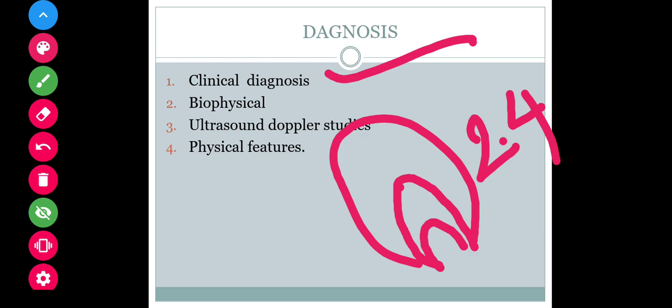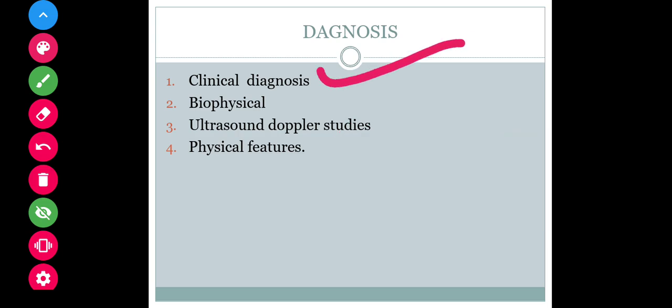And maternal weight gain. Depending upon the maternal weight gain also, in clinical diagnosis, we can diagnose this IUGR. If the mother remains the same, if she is not putting on weight, that means the baby is not growing properly inside the womb.